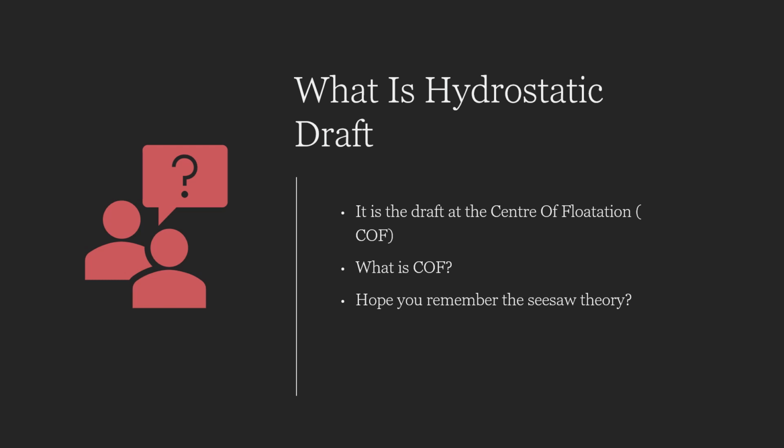COF, or the center of flotation, is the pivot point. It's the point about which the ship pivots or rotates. Quite similar to the point P which I had shown in my previous video with regard to the seesaw. Okay, I think now this is clear. Hydrostatic draft is the draft at the center of flotation. Let's move on.